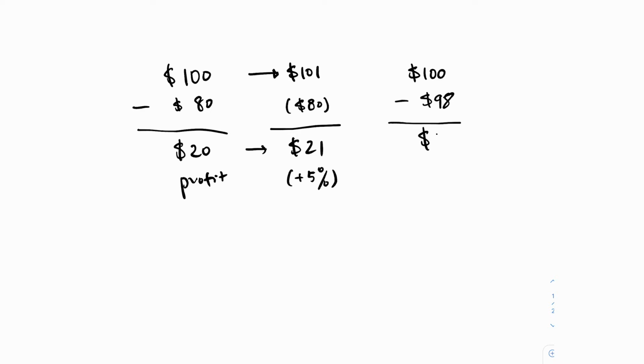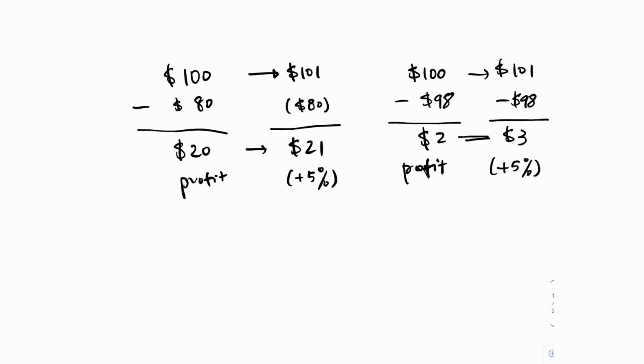Now, again, if the company is able to increase the price by 1%, that's $101 minus 98. So that gives you a profit of $3. So the profit went from $2 to $3. A 1% price increase leads to a 50% profit increase.